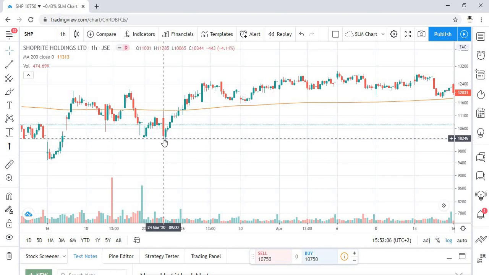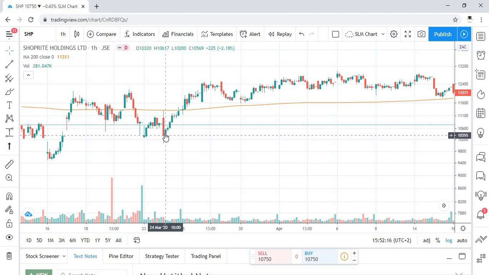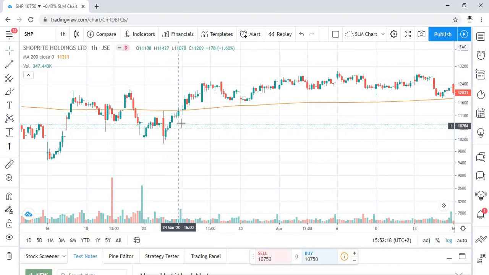So the share price moved by more than 10% downwards in that opening time of the day. Then the next hour price started moving upwards, and by end of the day at 5, the closing price was 113 Rand 25.